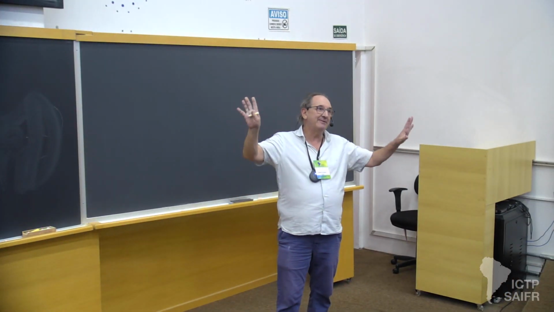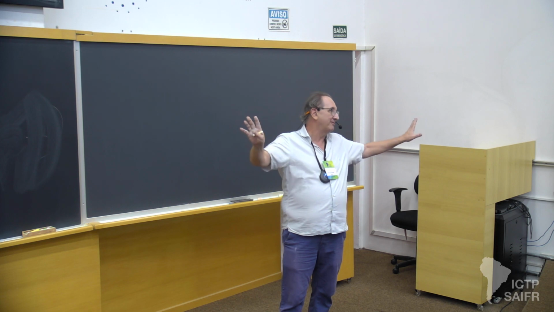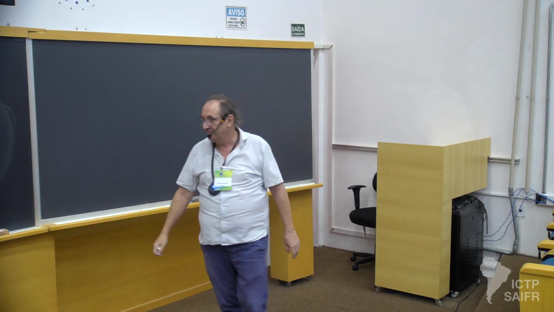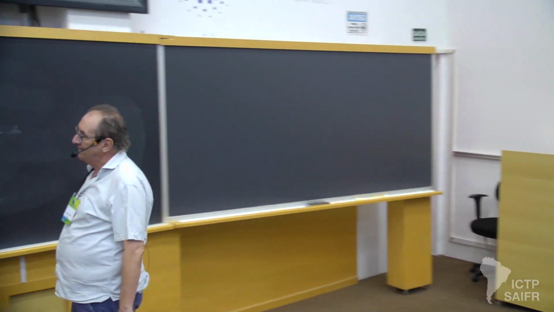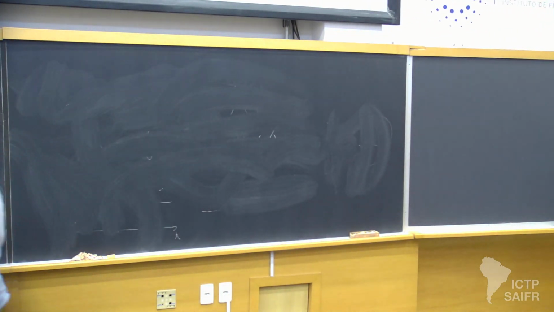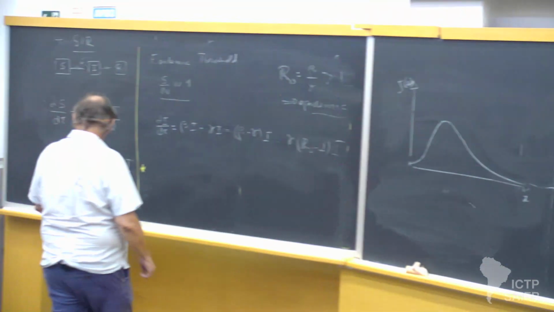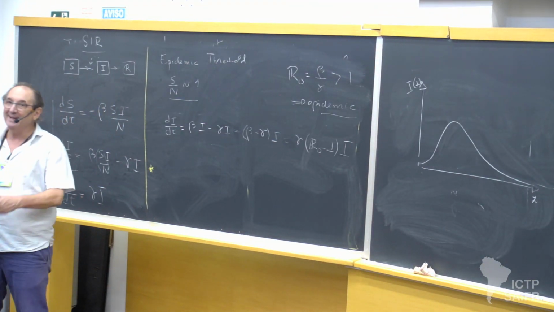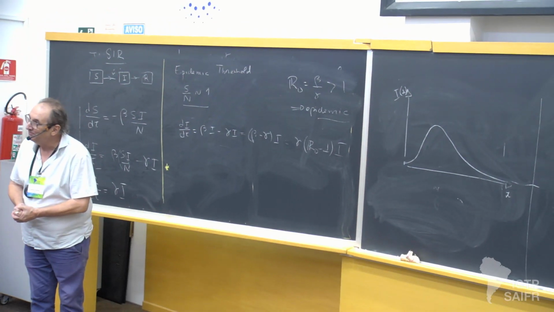I'm not considering birth and death processes. It's a closed population. So this is at the end. Now, what about S and the number of recovered? Can I get something about them?